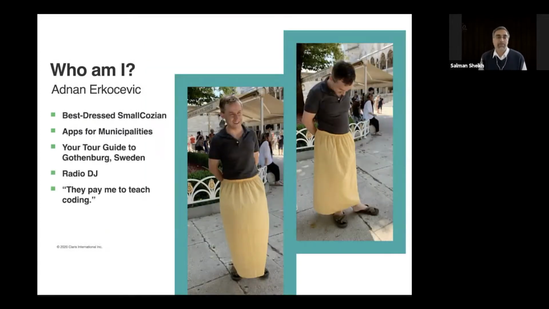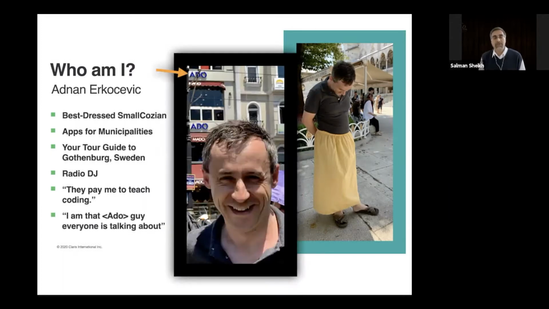In addition, in his professional life, he's built many apps for municipalities in and around Sweden, especially Gothenburg. If you happen to be in Gothenburg, he will be happy to be your tour guide. In his spare time, he is also a radio DJ. And if you were to ask him, he would tell you that they pay him to teach coding. Now, of course, as you know, his proper name is Adnan, but his friends, family, and strangers call him Otto, Otto, and Otto. I present to you Otto.